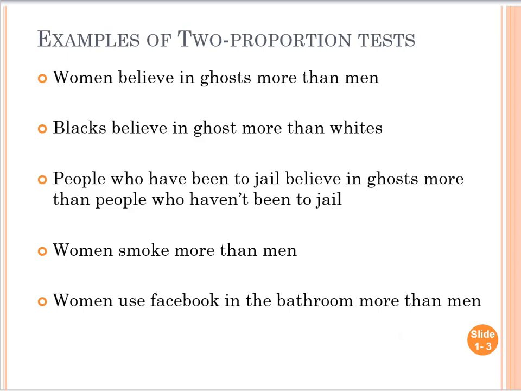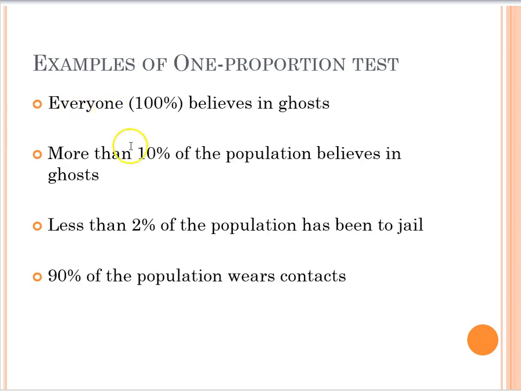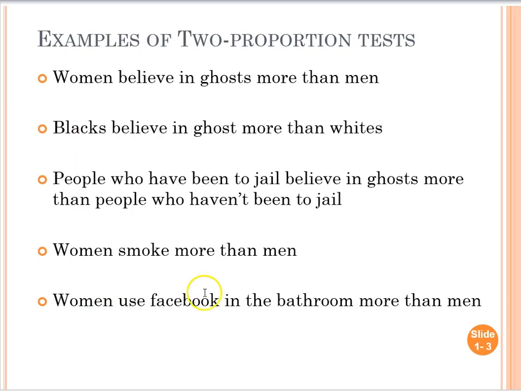Examples of 2 proportion tests compare groups of things. So in the 1 proportion test, we're given proportions or percentages to test, whereas in 2 proportion tests, we're actually comparing 2 groups of things.